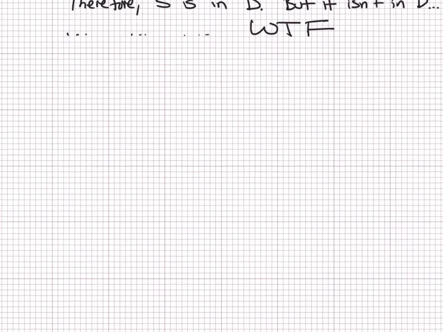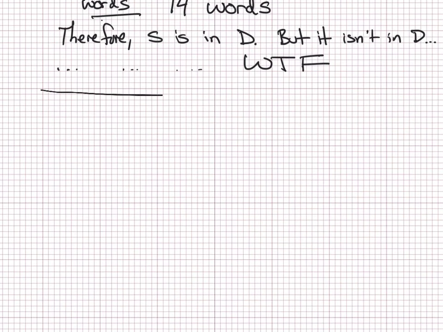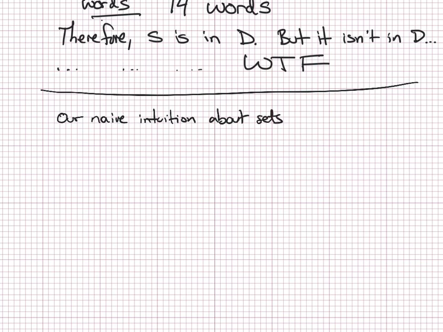So what goes on here? So what this means is that our naive intuition about sets is actually wrong, usually. About sets isn't always correct.